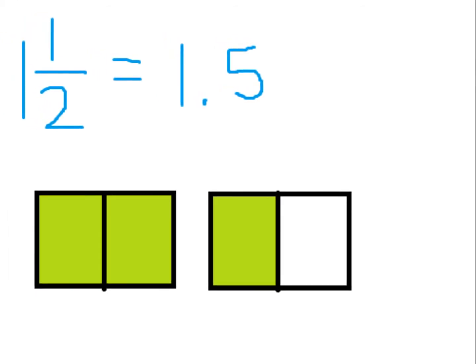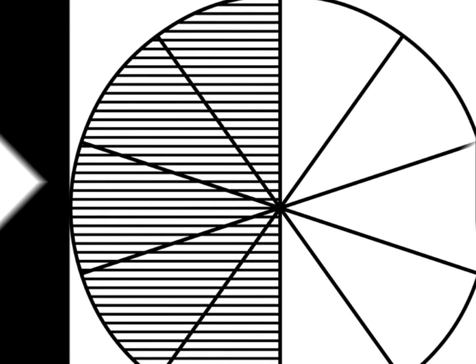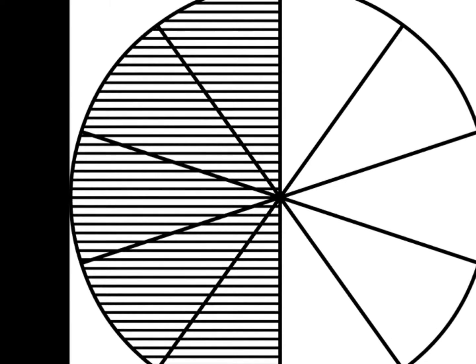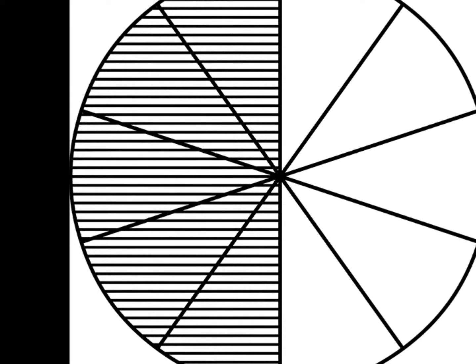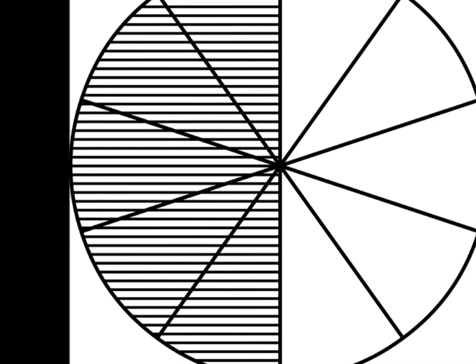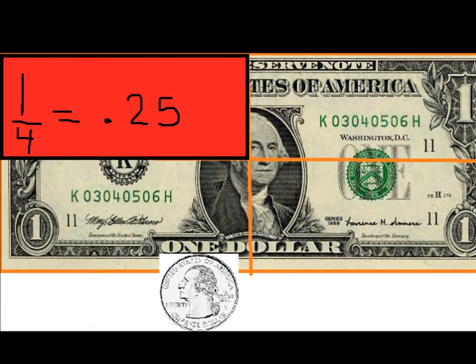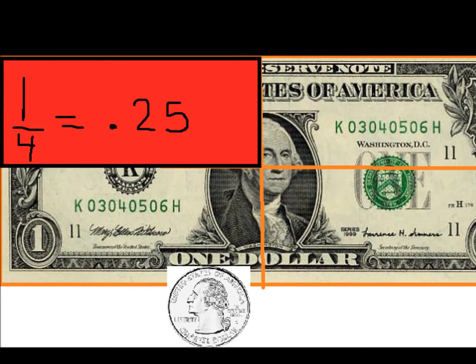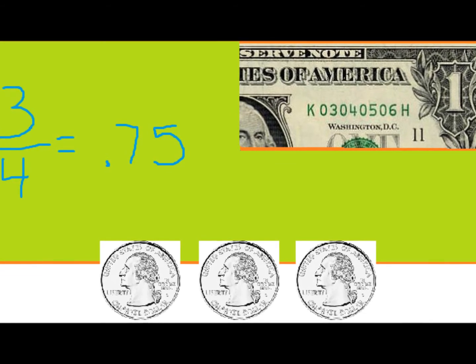Wait a minute. How did we get 5 for 1/2? Since we're using 10 as the base of a decimal, half of 10 is equal to 5. Similarly, the fraction 1/4 becomes 0.25, and 3/4 becomes 0.75.